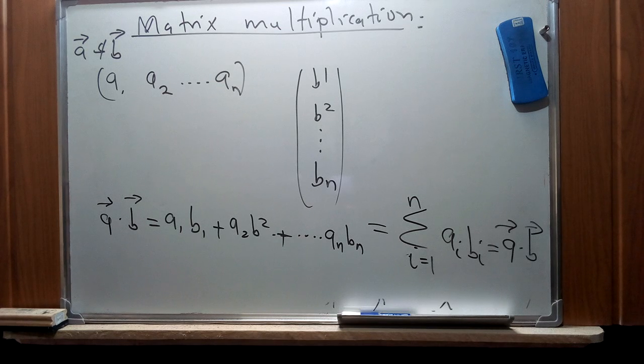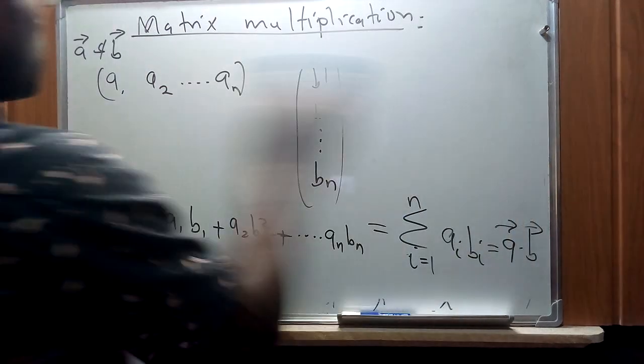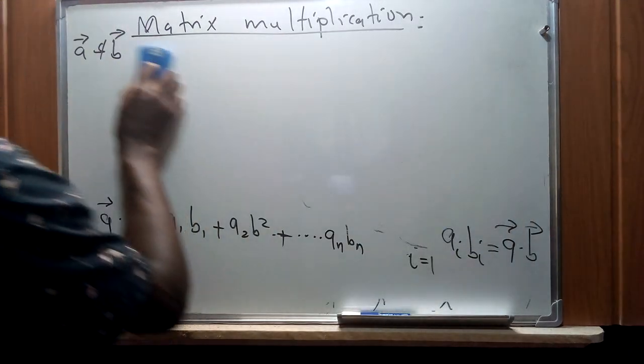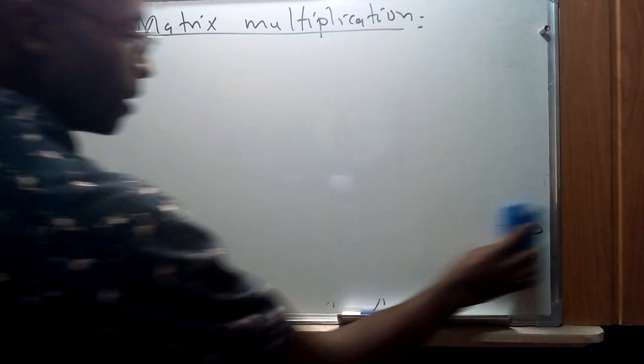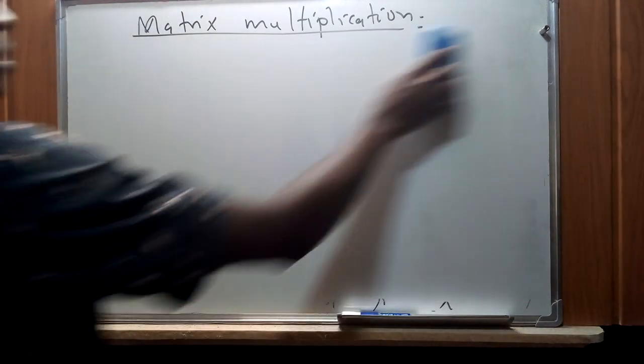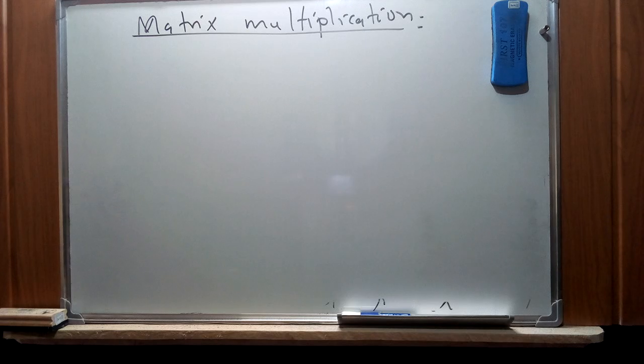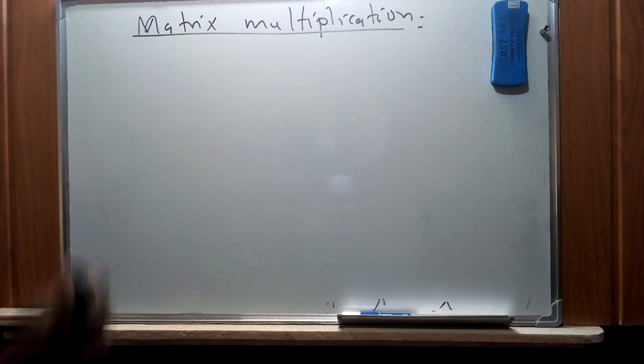Now suppose we have two vectors of these specific orders. Let's look at this specific example and see how that can be defined.